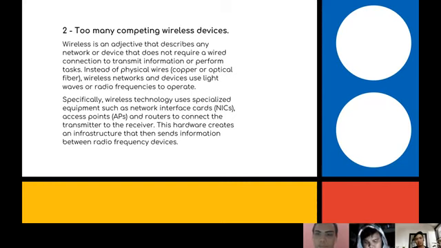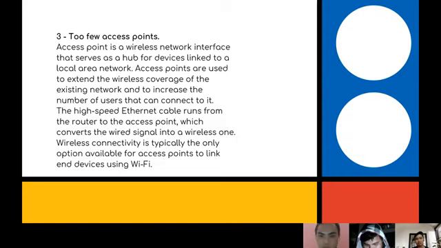Next is too few access points. An access point is a wireless network interface that serves as a hub for devices linked to a local area network. Access points are used to extend the wireless coverage of the existing network and to increase the number of users that can connect to it.